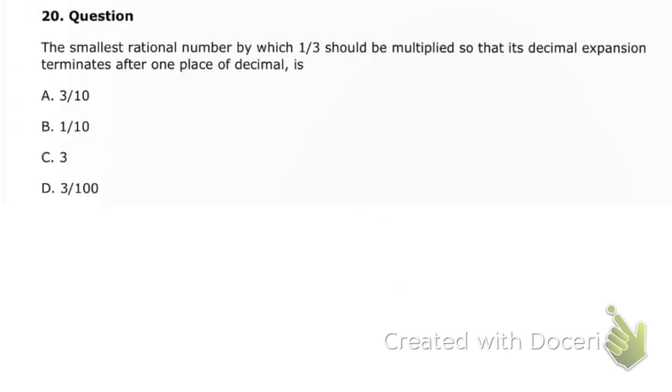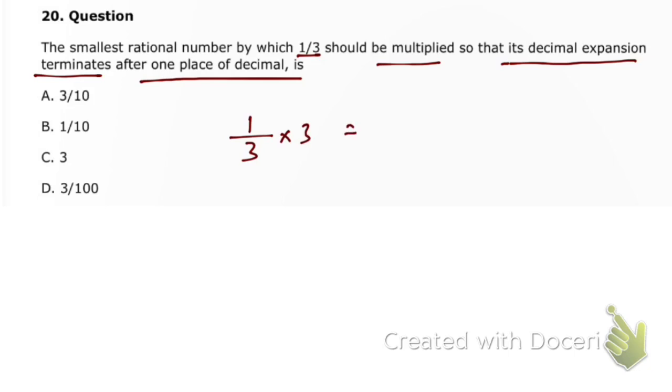Next question. The smallest rational number by which this should be multiplied so that its decimal expansion terminates after one place of decimal, right? So now you see this is 1 by 3. If you multiply by 3 here, then you're gonna get 1, which terminates, but after the decimal there are no digits. But here we need one decimal place, right?